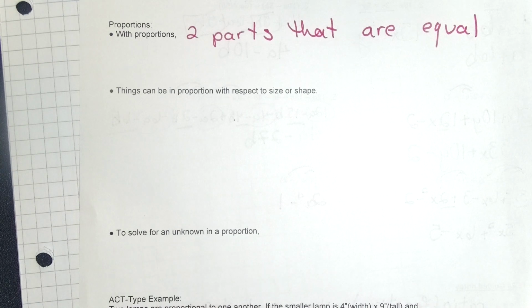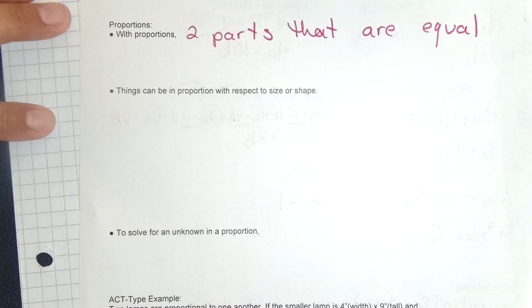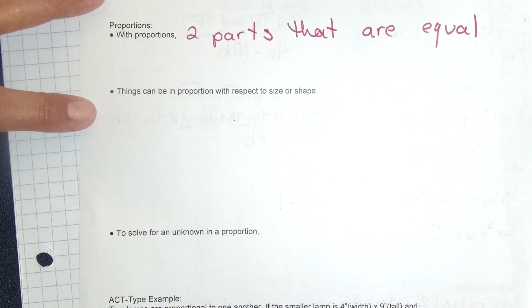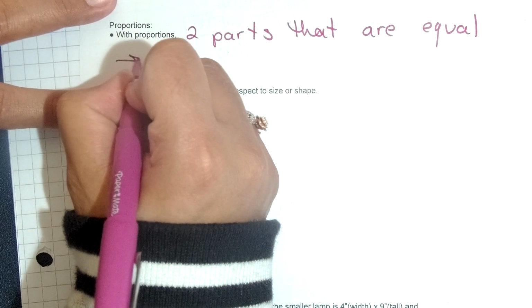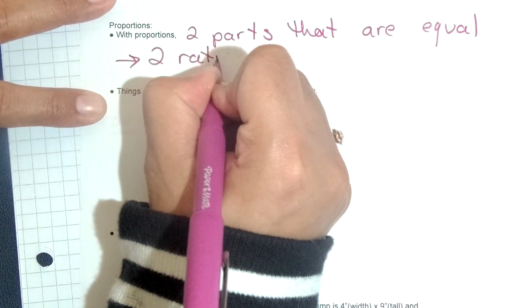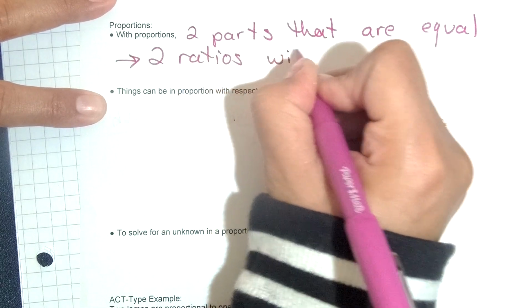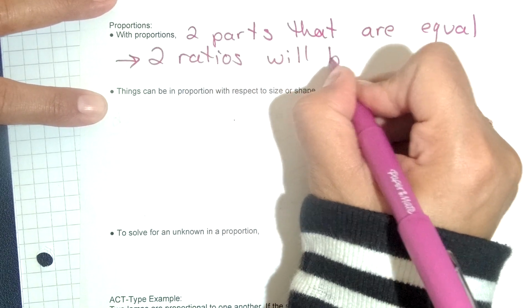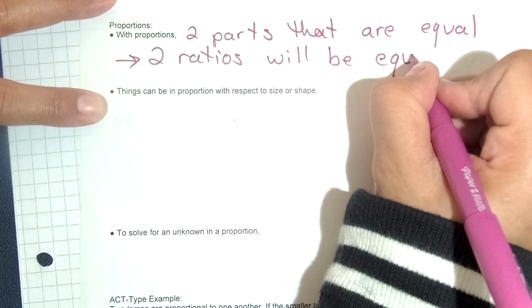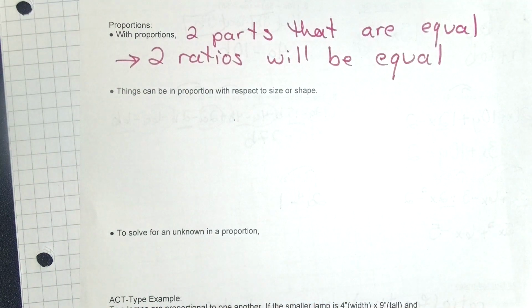Okay, that's what it means. It's gonna reduce the fraction. So that means that the two ratios will eventually be equal, but have different values in the numerator and denominator.